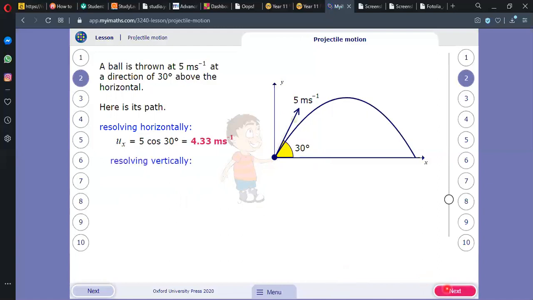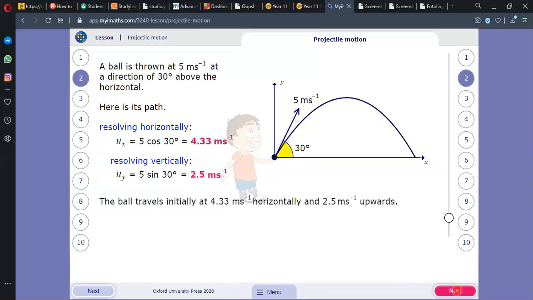So Ux is calculated. Let's resolve vertically. You remember we said that a projectile moves in 2 directions simultaneously, horizontally and vertically. So we must find the horizontal initial velocity and also the vertical initial velocity. So Uy will be 5 sine theta. You remember how we did that, to get 2.5 meters per second.